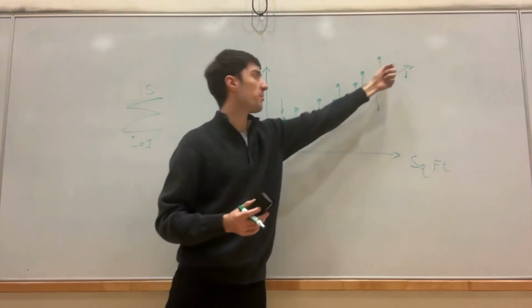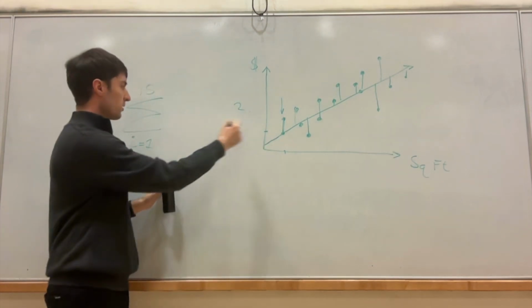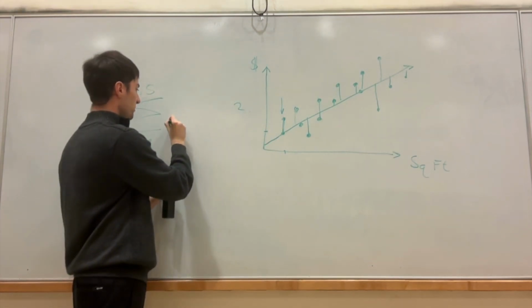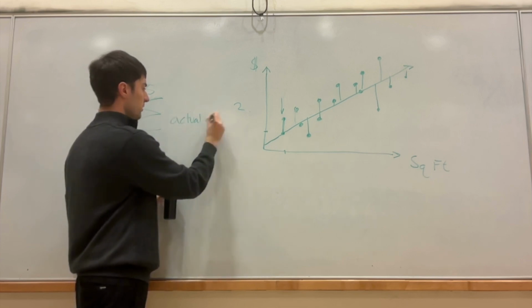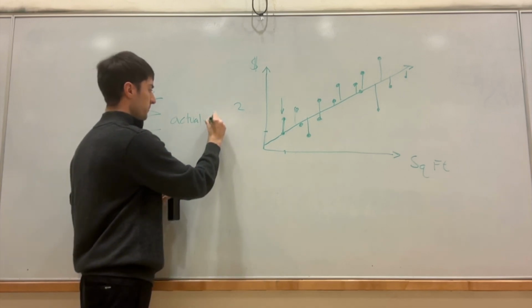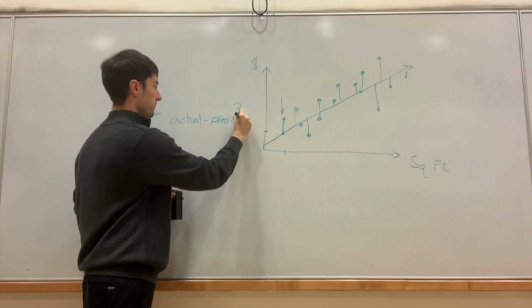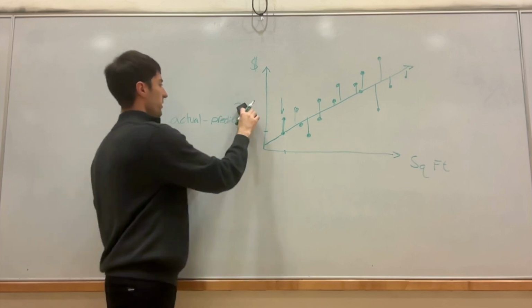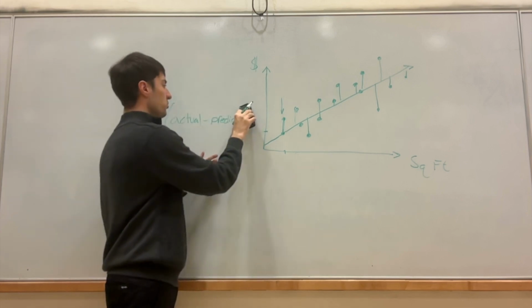This is our model. So it is the actual minus predicted, and then that's squared. So actual minus predicted, squared.